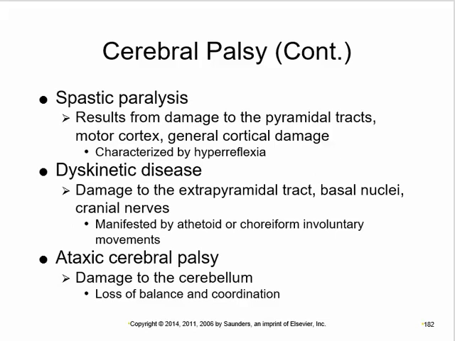There's dyskinetic disease if there's damage to cranial nerves or the basal nuclei, that kind of thing. Ataxic cerebral palsy happens when there's damage to the cerebellum. And what that is, an inability for the cerebellum to make the correction. So coordination becomes very difficult, and balance becomes very difficult for the ataxic.